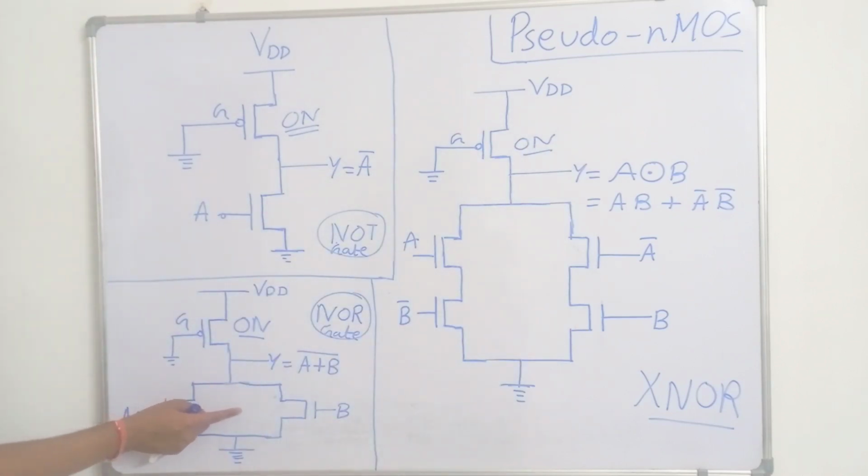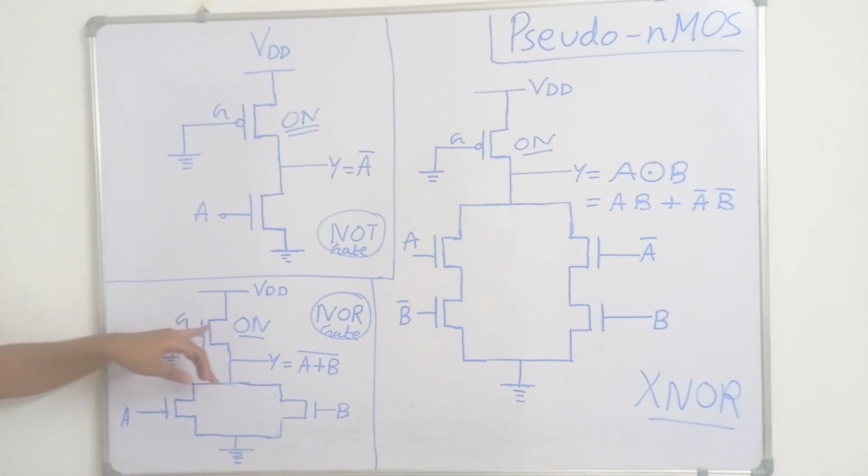If we have to design a NOR gate using a traditional CMOS circuit, then we will have to use 2 PMOS transistors complementary to this pull-down network. But here the pull-up network consists of only one PMOS transistor. So the area of one PMOS transistor is saved. Pseudo NMOS logic will always save area in the pull-up network.